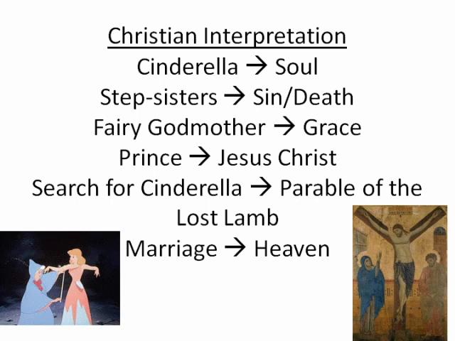The prince may represent Jesus Christ, and his search for Cinderella after she has left her glass slipper behind may remind us of Jesus' parable about the shepherd who goes out in search of his lost sheep. The marriage of Cinderella and the prince represents the soul's holy union with Christ and its ascent into the happily ever after of eternal paradise.